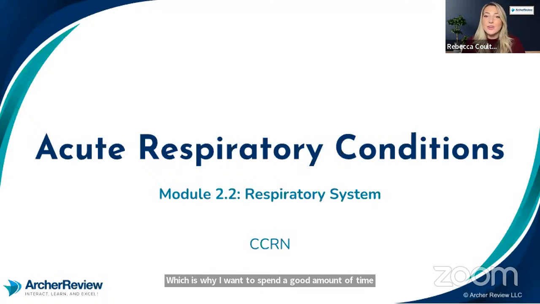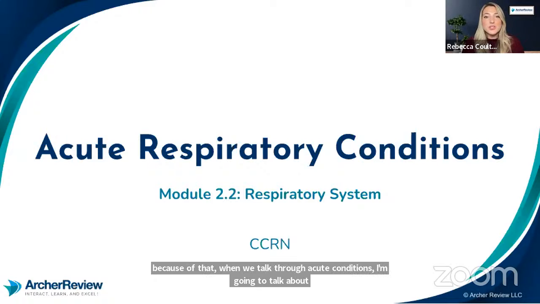We also see chronic conditions like COPD, including emphysema and chronic bronchitis. We can see asthma. When we are treating those conditions in the ICU, though, we're usually treating them in their acute state. So because of that, when we talk through acute conditions, I'm going to talk about acute respiratory failure, ARDS, or acute respiratory distress syndrome.